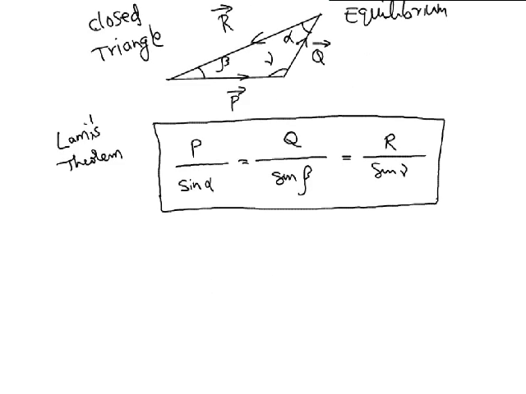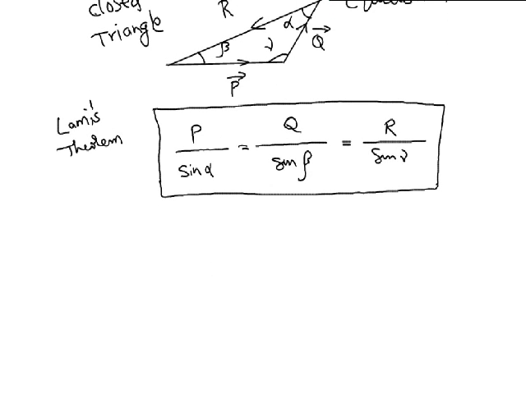And this Lami's theorem in general is applicable in situations where you have an object on which three coplanar concurrent forces are acting. One is this force, another is this force, and another is this force. You have to carefully note that all the three forces are coplanar, they are meeting at a point, and they are all directed away from the point of application.